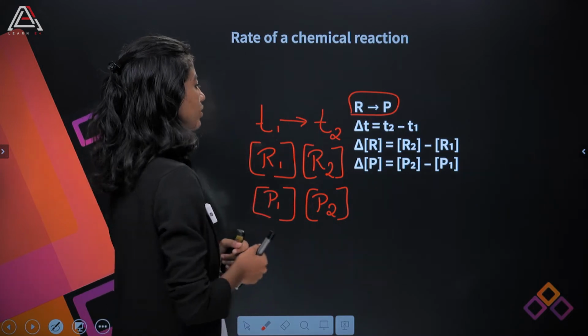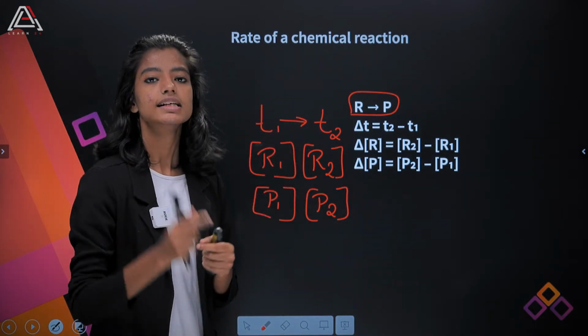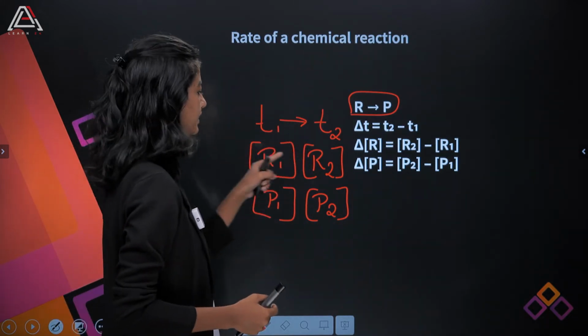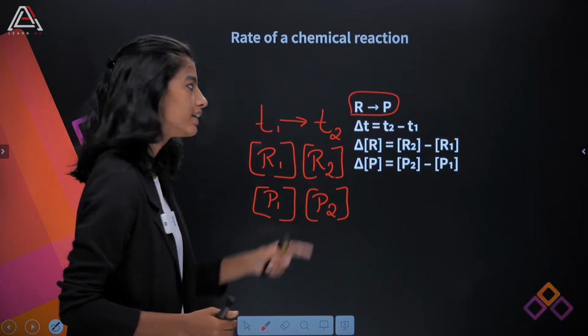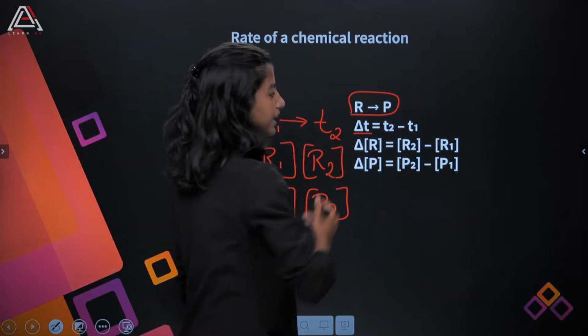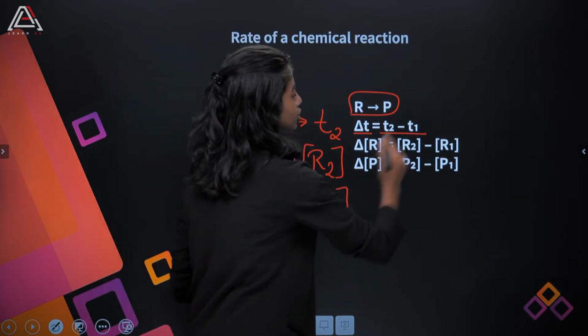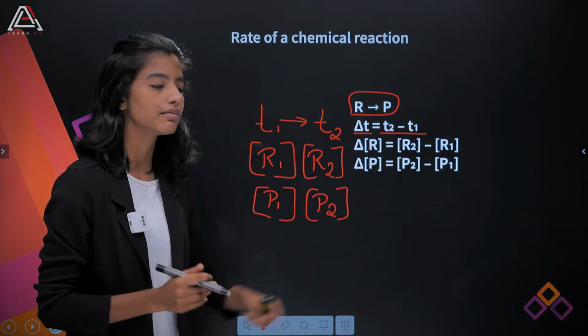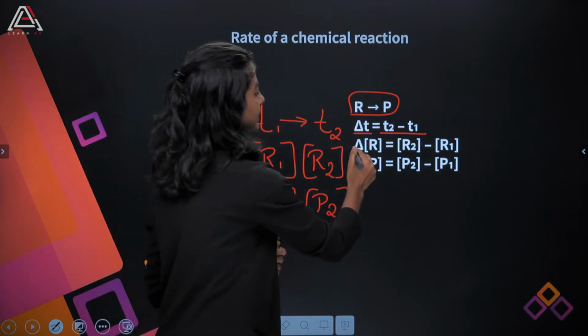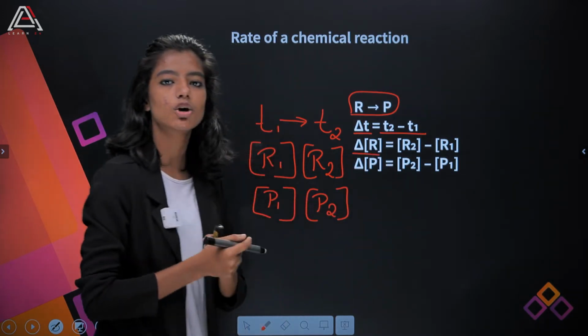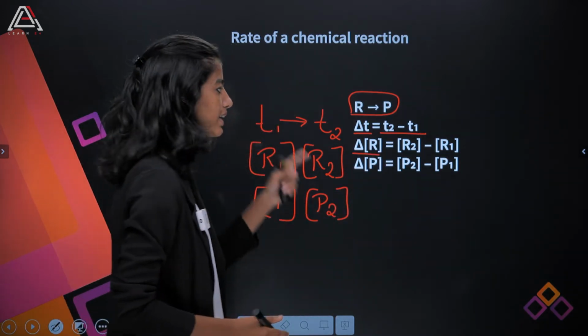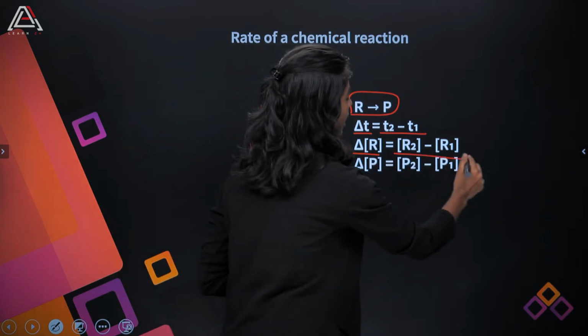Now we have to calculate the change in time and the change in the concentration of reactants and products. For that, delta T is the change in time. We can calculate it by T2 minus T1. And delta R is the change in the concentration of reactants. It is R2 minus R1.